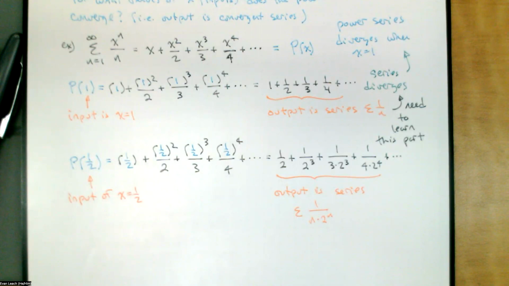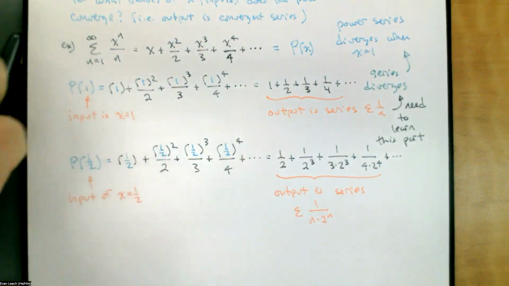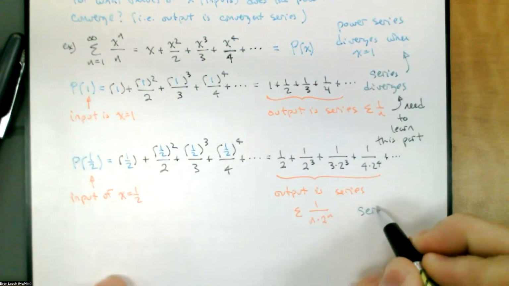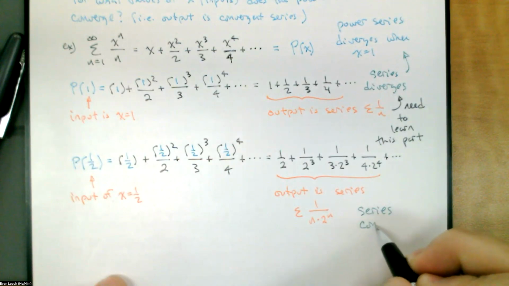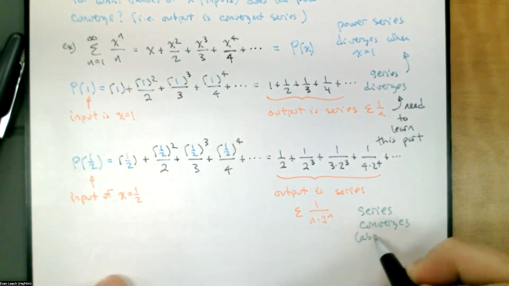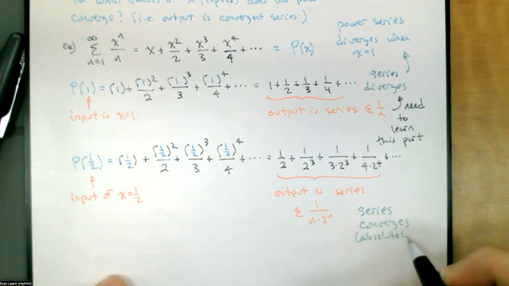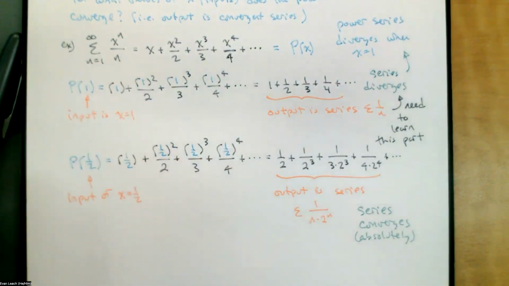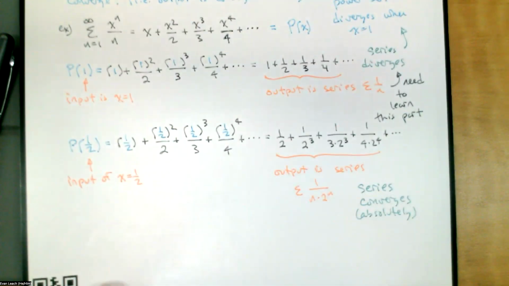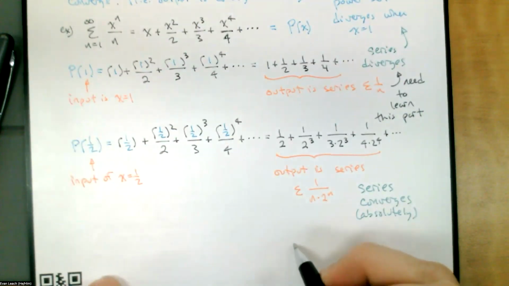When we look at the series 1 over n times 2 to the n, we will decide this series converges. Absolutely. And so that will allow us to conclude that the power series converges when x equals 1/2.